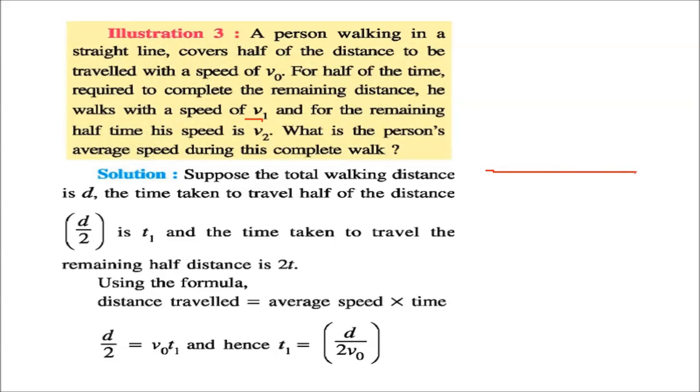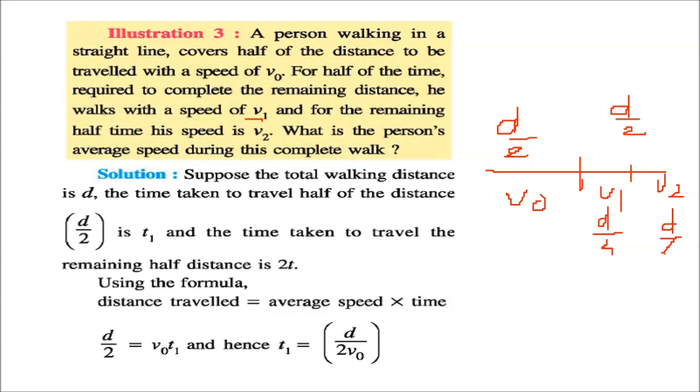A person walking in a straight line covers half the distance, so d by 2, with v0. And again we have a distance of d by 2 here in the second half, but in the second half, for half the time, it travels with v1 and here it travels with v2.